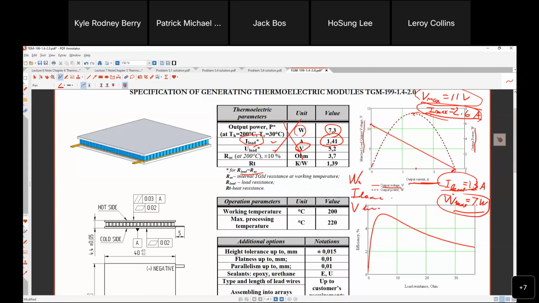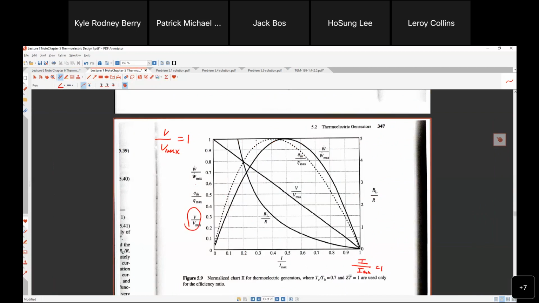You can calculate any current. Because of the shape, once we know the maximum value, we can compute the actual value. Even efficiency, if you have a maximum.